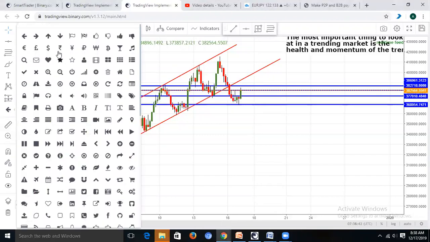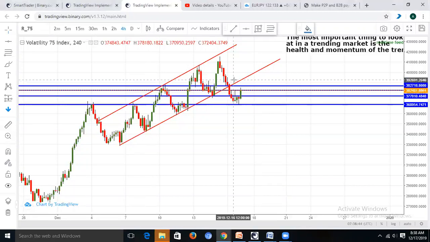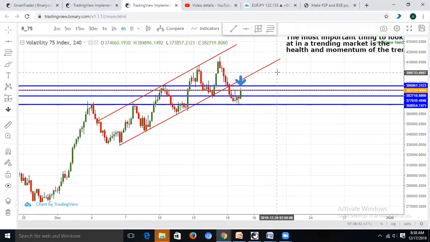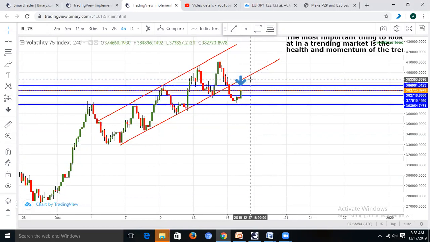The way it is now, I am of the opinion that it will get to this point before turning. Gap. Joe, I don't understand what you mean by gap.